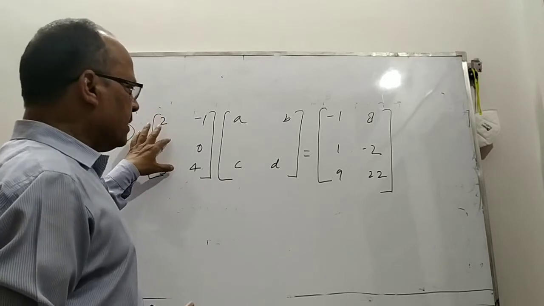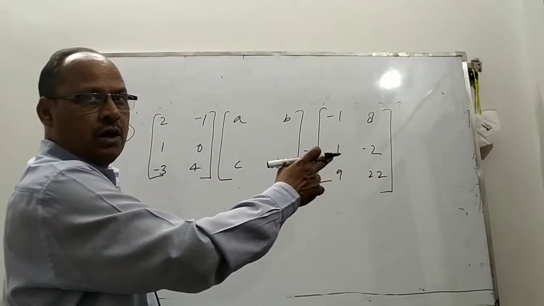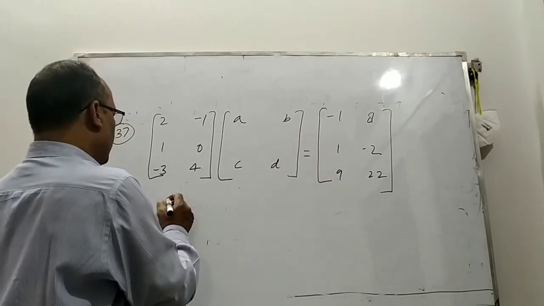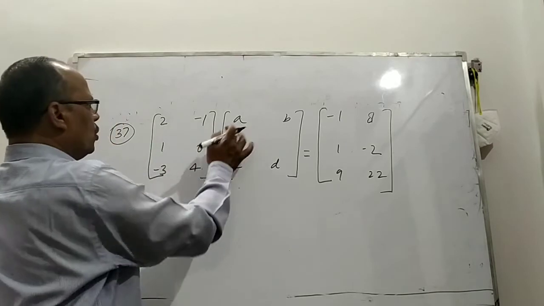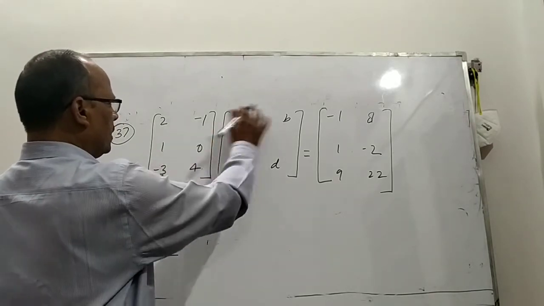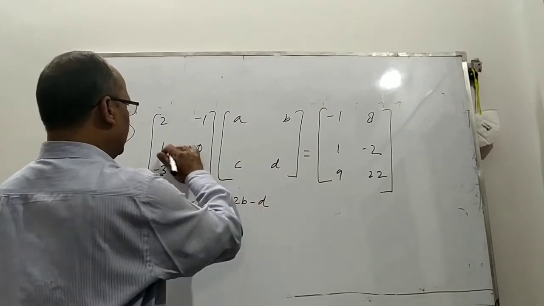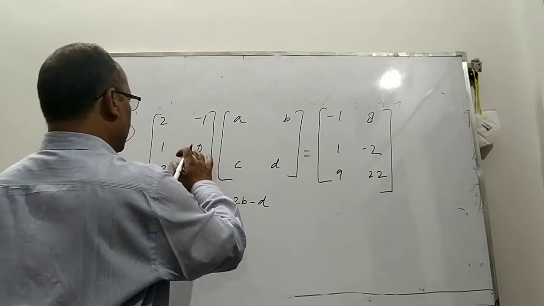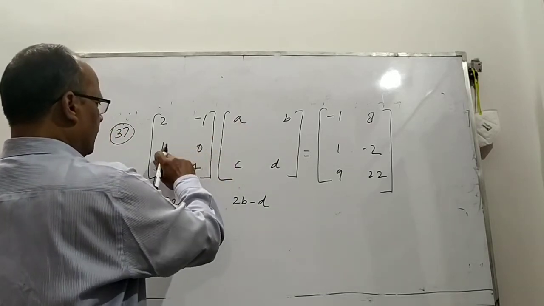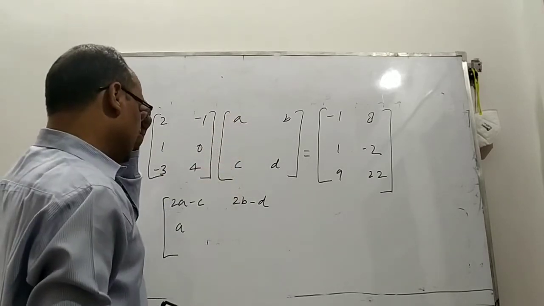Or this matrix is given. What is the order? 3 cross 2 and 2 cross 2. So the order of the resultant matrix will be 3 cross 2. Now multiply this: 2A minus C, 2B minus D. Then here A, and 1 is multiplied to A and 0 is multiplied to C, so 0.